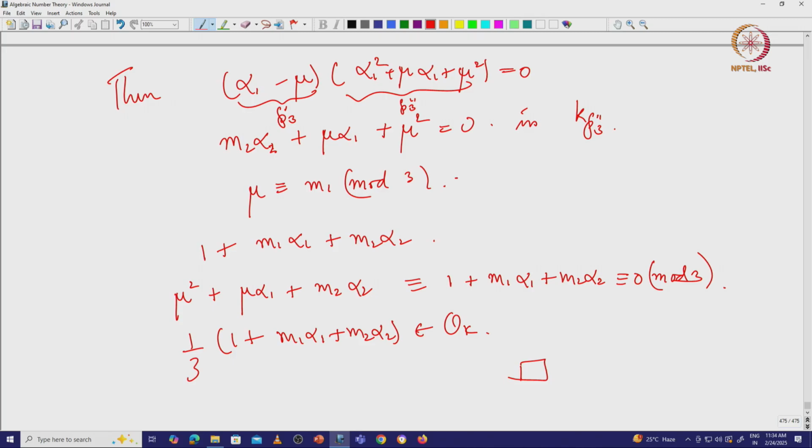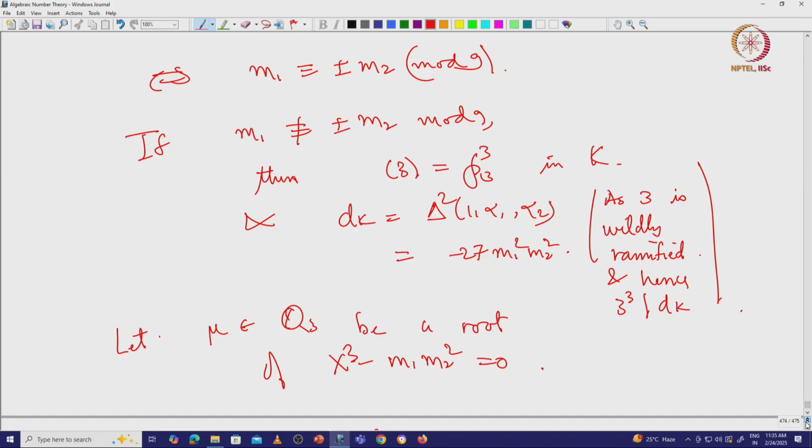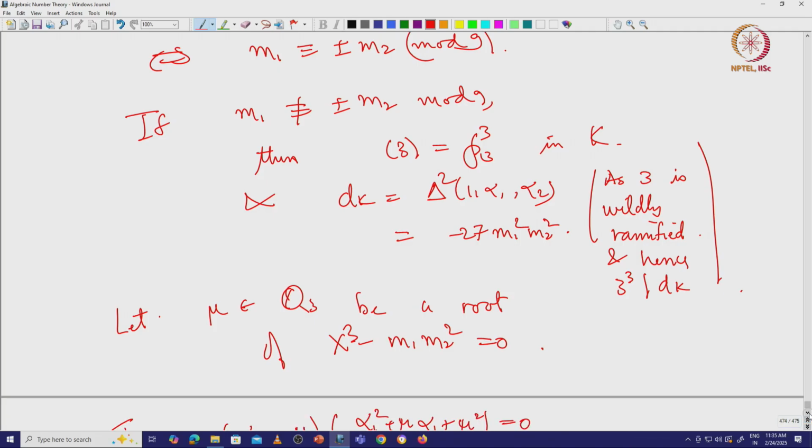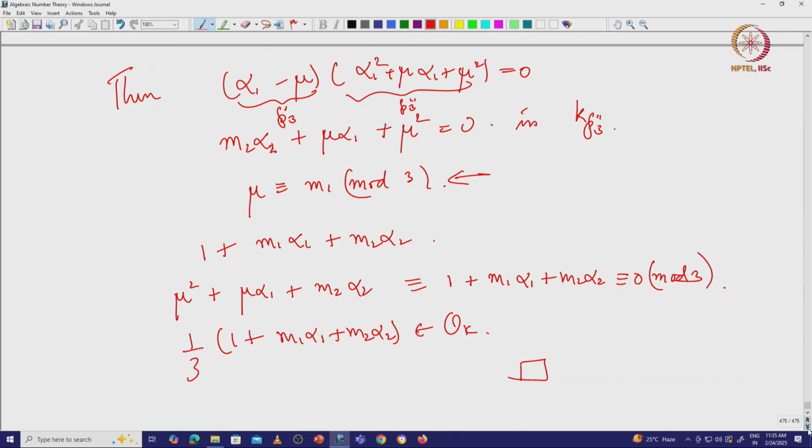Okay, sorry. So, maybe one more, why is this true? So, mu congruent to m 1 mod 3, this is precisely because you see mu is a root of this thing, right. So, mu minus alpha 1 is 0 in P 3 cubed.